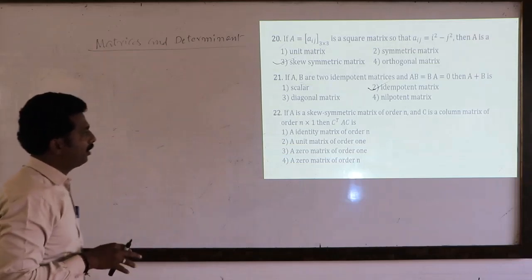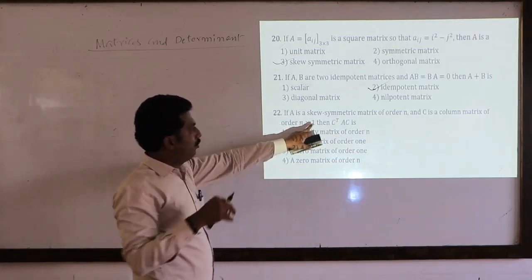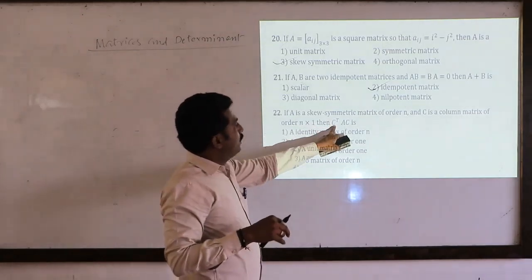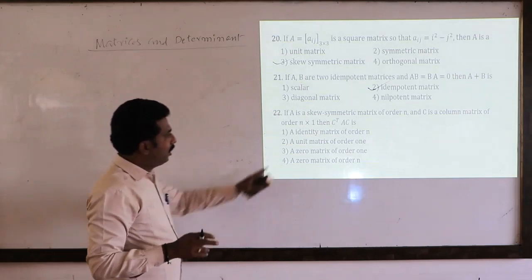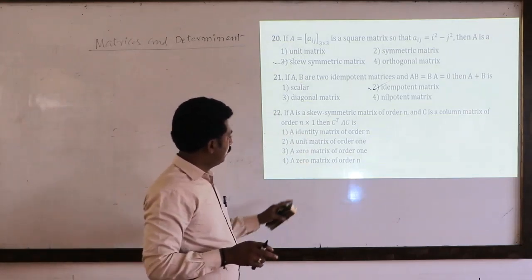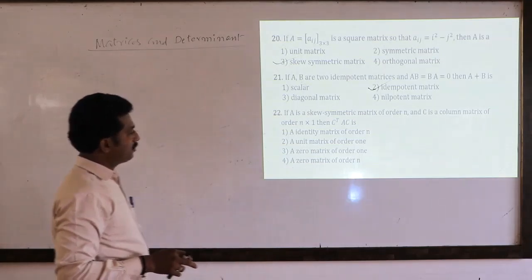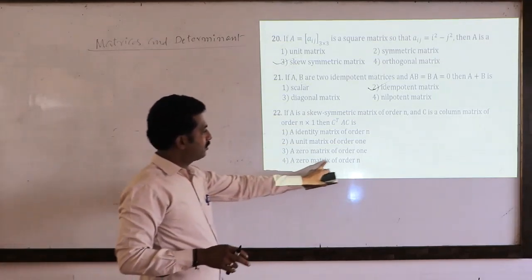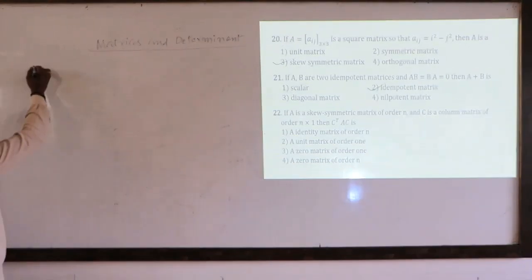C is a column matrix of order n by 1, one column is there. So C transpose AC we have to calculate. Options we observe: identity, unit matrix, zero matrix, zero matrix of order 1, zero matrix of order n.